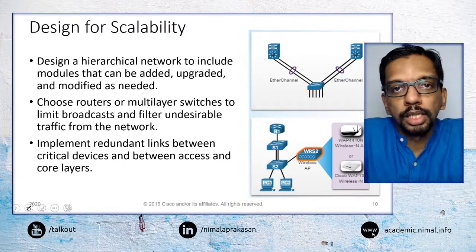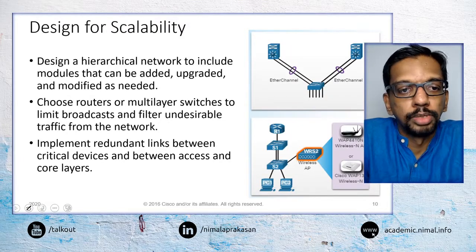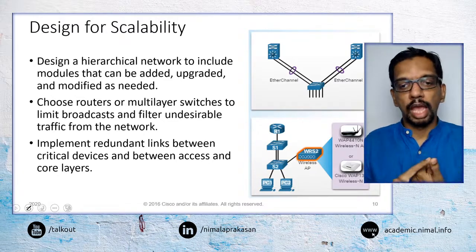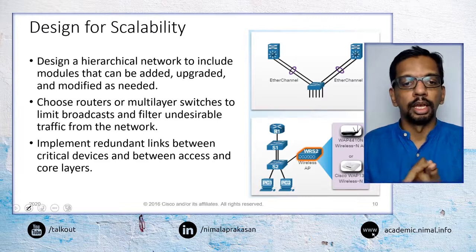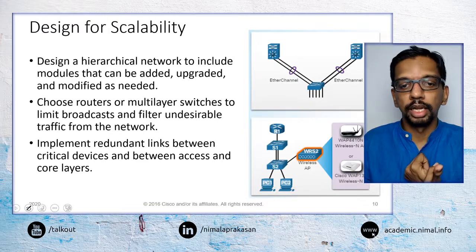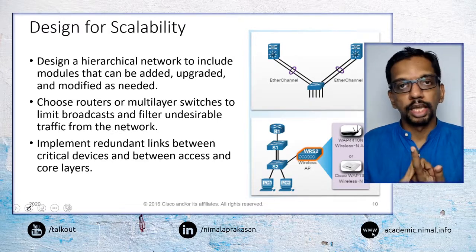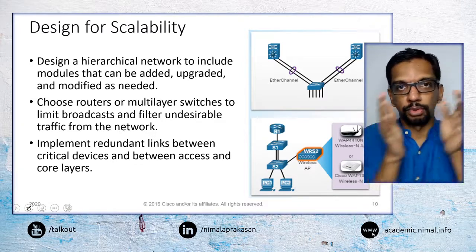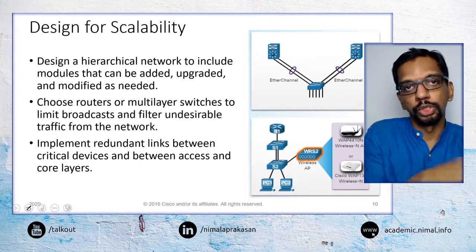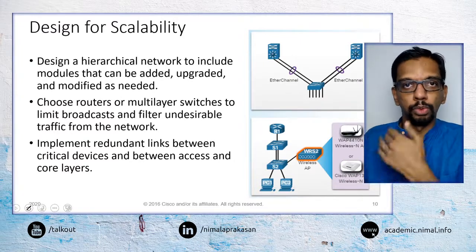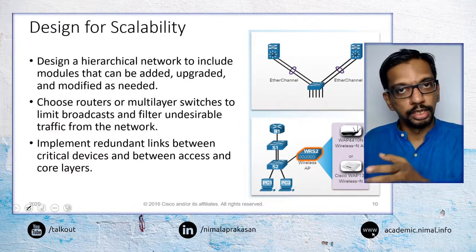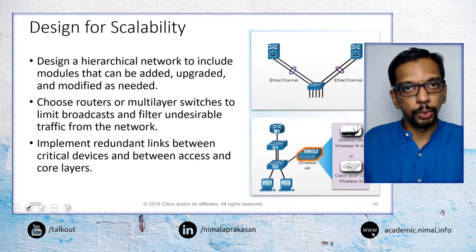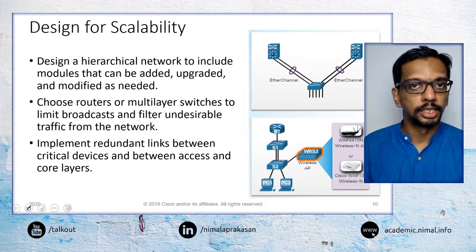One of the main things that we will need to do in terms of scalability is having a hierarchical network, having devices that can be upgraded or added. Like, if you have a 24 port switch, can you add another 24 ports in the same environment? Sometimes using wireless networks can be a way to expand the existing network.